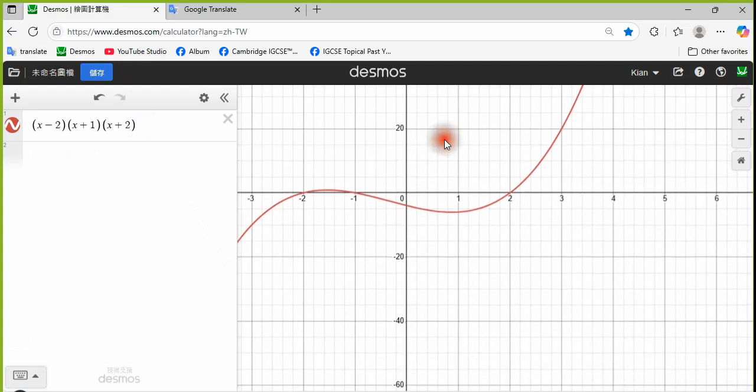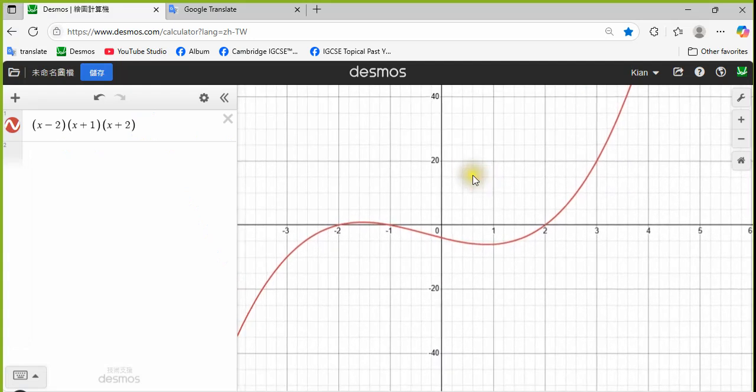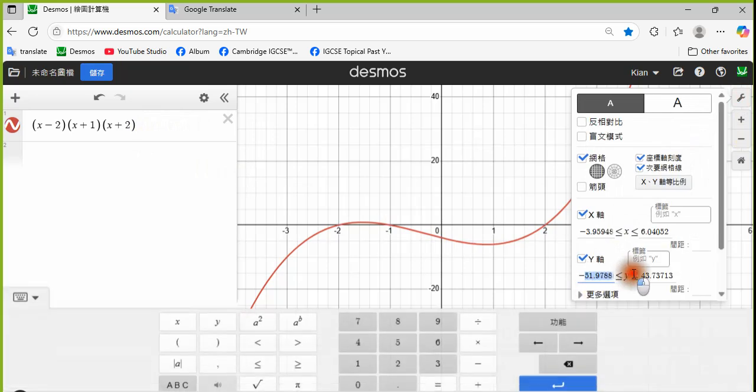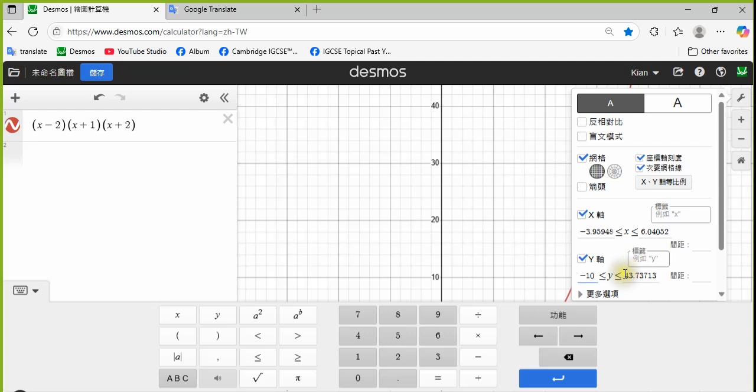Okay, so if we use Desmos, we have this one, with negative 2, negative 1, and 2 here. This is negative 4. So this is the graph without the modulus.